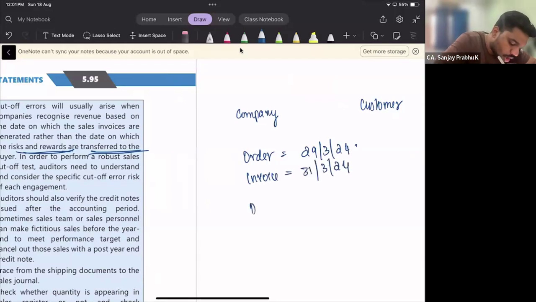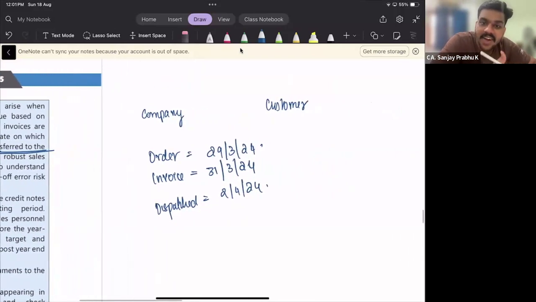Goods were dispatched on 2nd April 24. So as per the agreement, risk and reward is transferred only when the goods are dispatched. And you can record revenue only when the risk and reward is transferred.